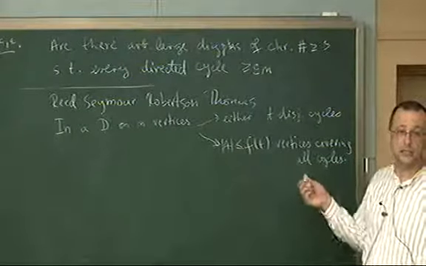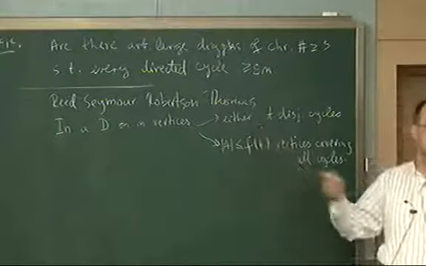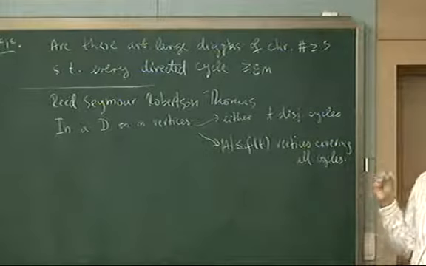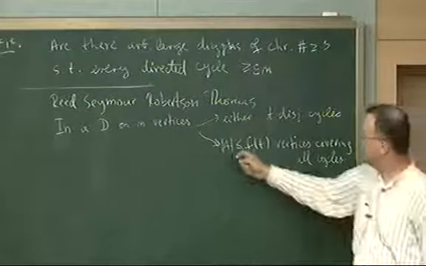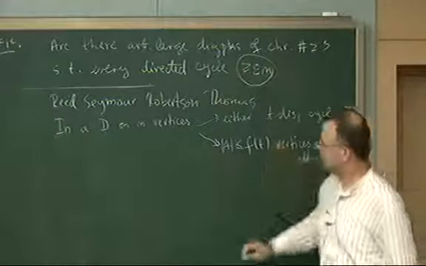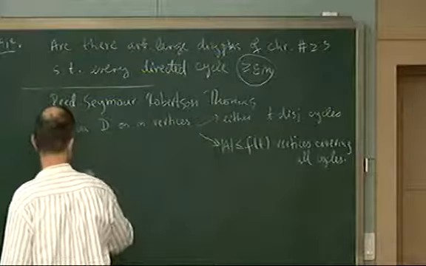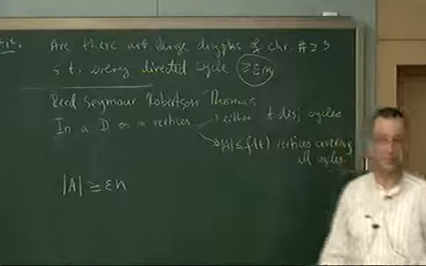Because if it doesn't, the remaining set I can use color 1, and for this set I can use color 2, so it would be 2 colorable. But I'm assuming that the chromatic number is at least 3. So this shows that the cardinality of A has size at least epsilon times n.